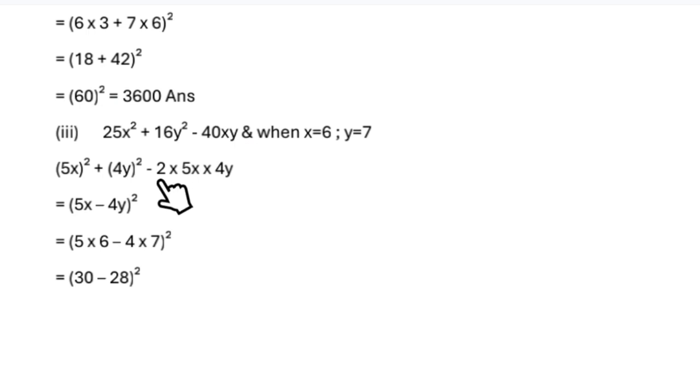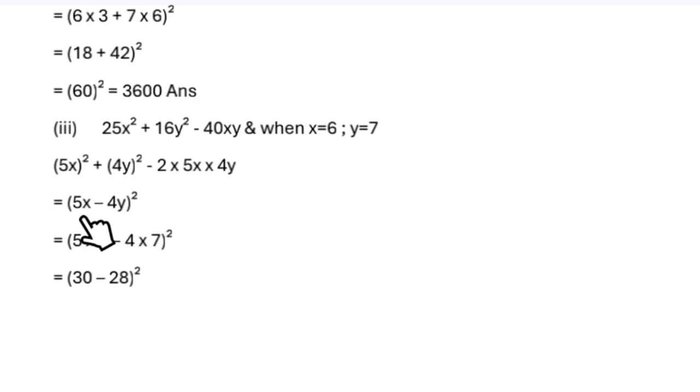is minus 2 into 5x into 4y. So this term is represented as a minus b whole square, so 5x minus 4y whole square.